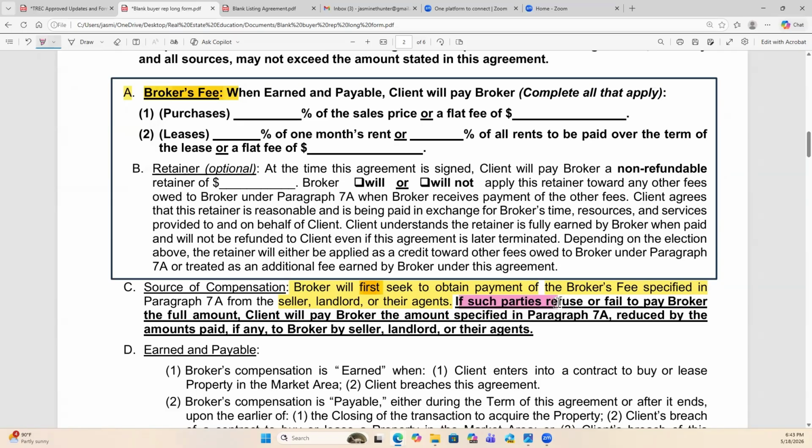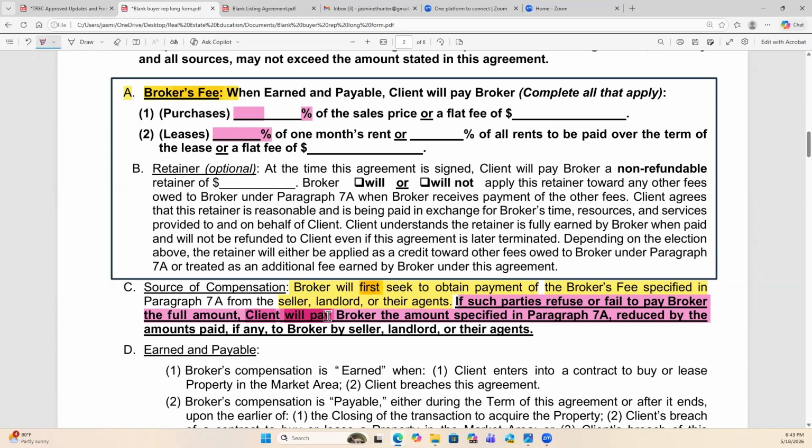If such parties refuse or fail to pay the broker the full amount that you've listed right here, the client, what client? The client that's signing this contract, not the seller, not the listing agent, your buyer is the client that is signing this contract, will pay.